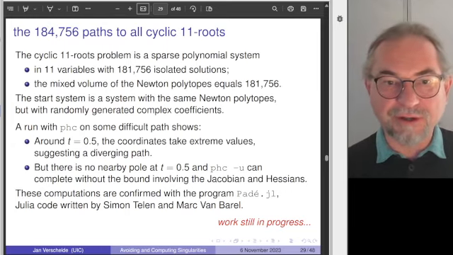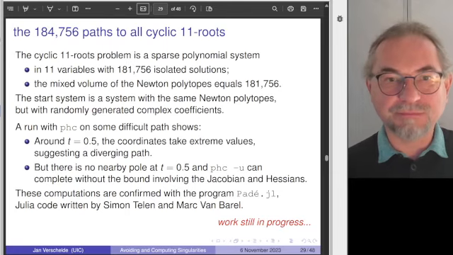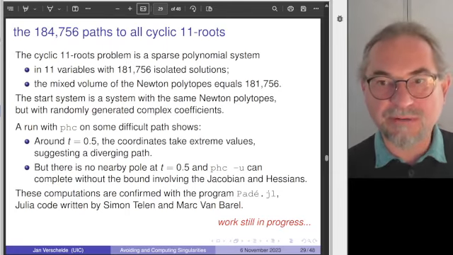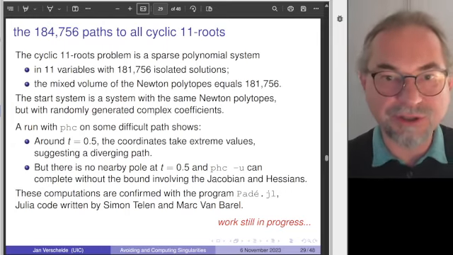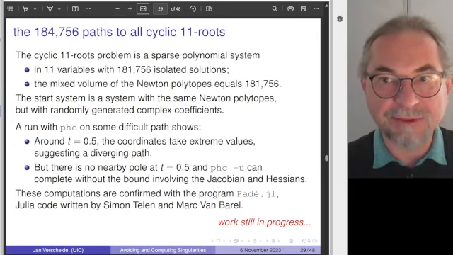So if you remove the curvature bound, then actually you can complete in double precision. My colleagues at the time, Simon Thelen and Mark van Barle, had their own Julia implementation, and on the same path with the same start system, same parameter, they encountered exactly the same results.